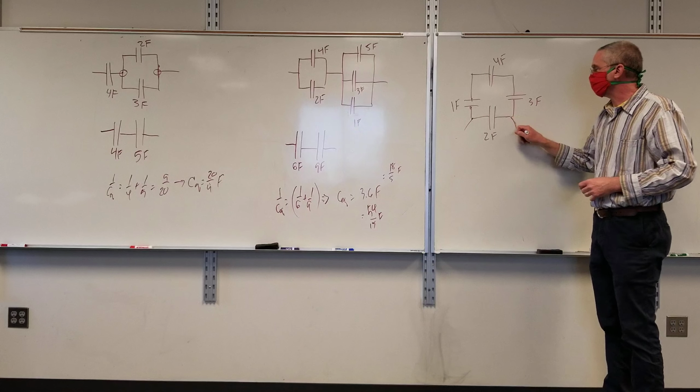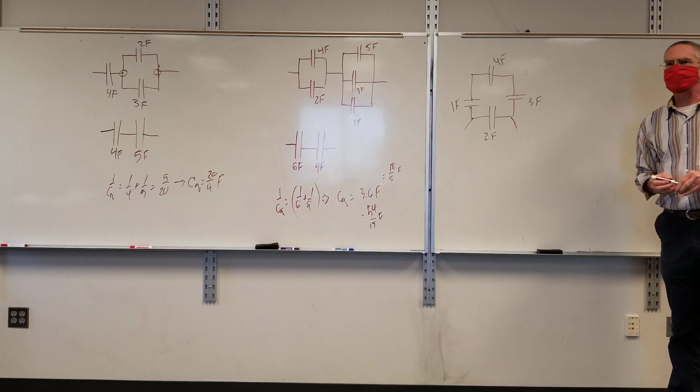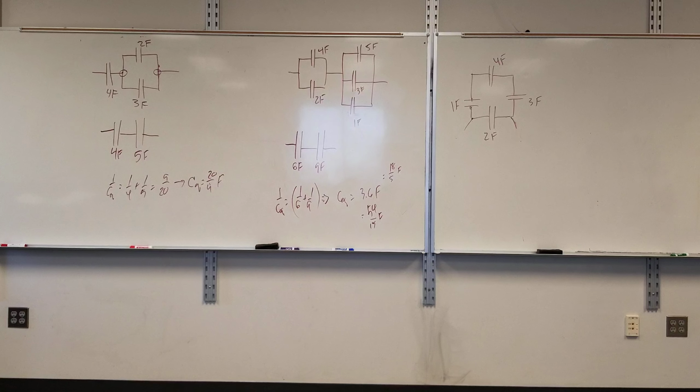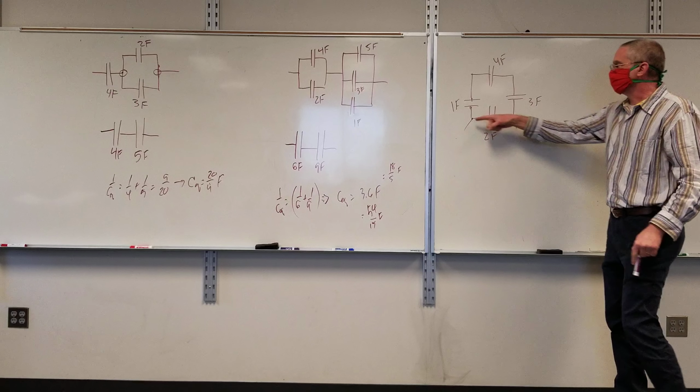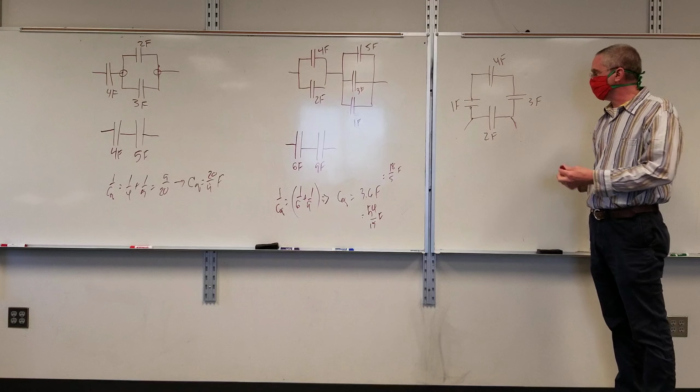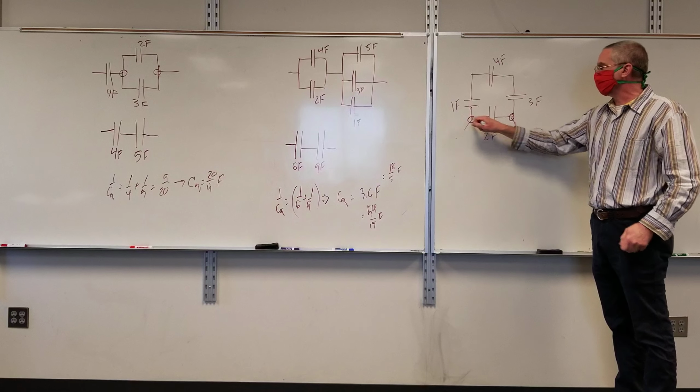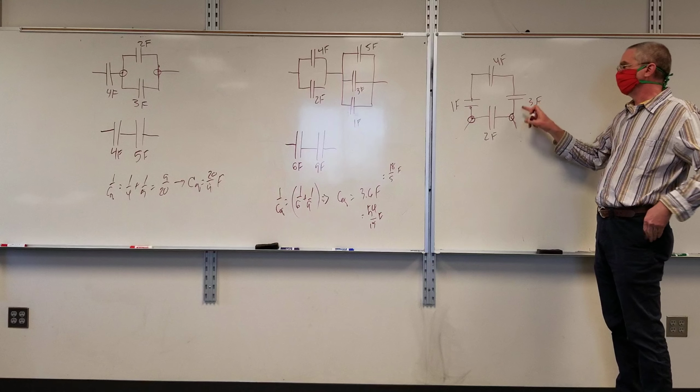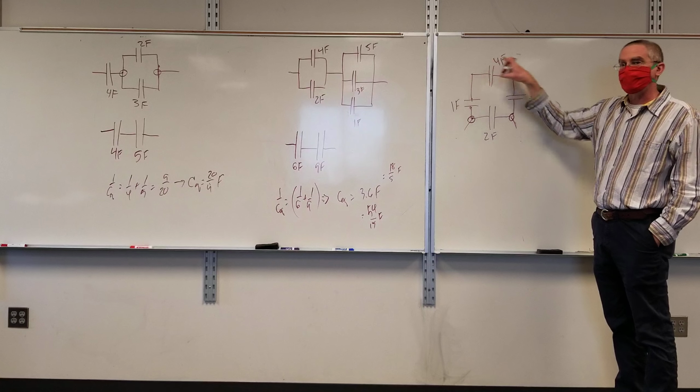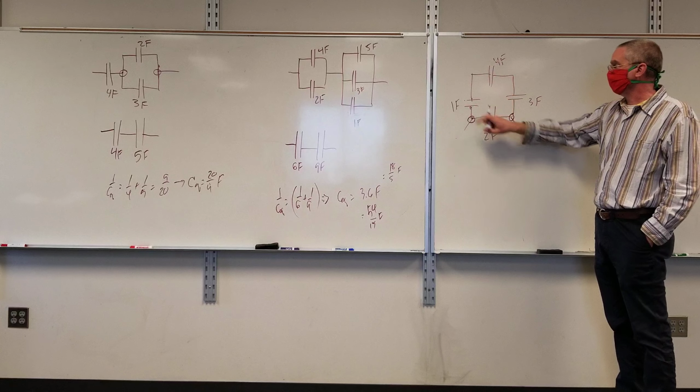So if I put it like this, which would I do first? Maybe the series between the 1, 4, and 3 farad? Yep. Because those are definitely in series, and I have a junction here and a junction here. So those are series, I have no junction in between them if I go around the iPad.